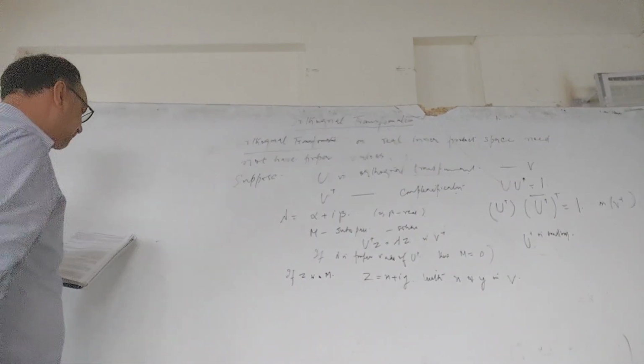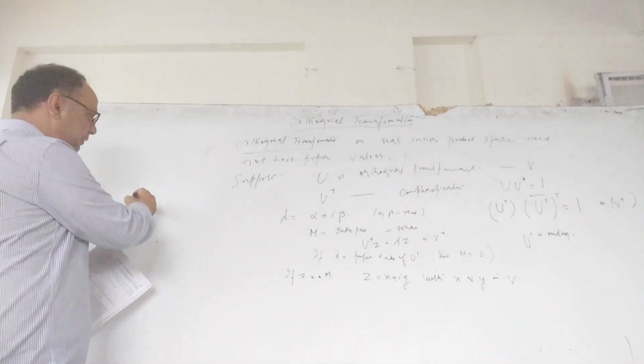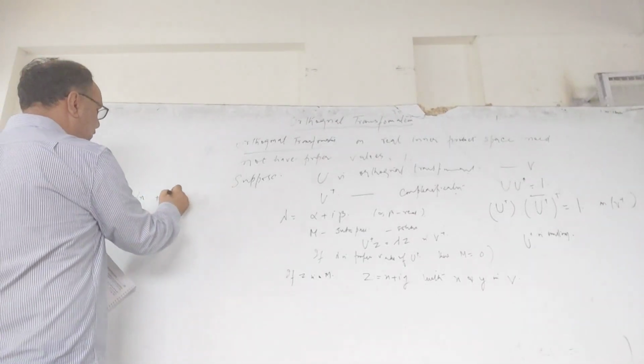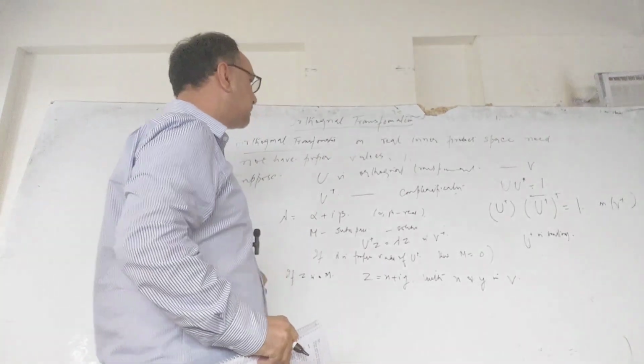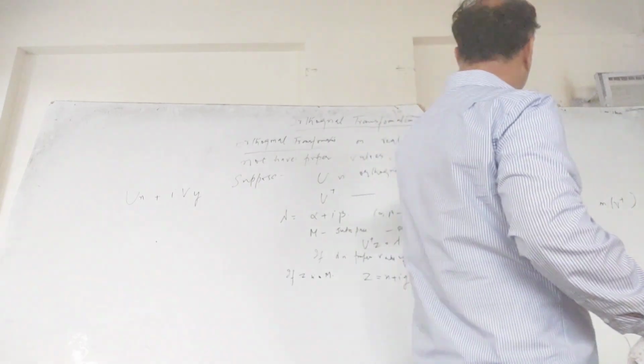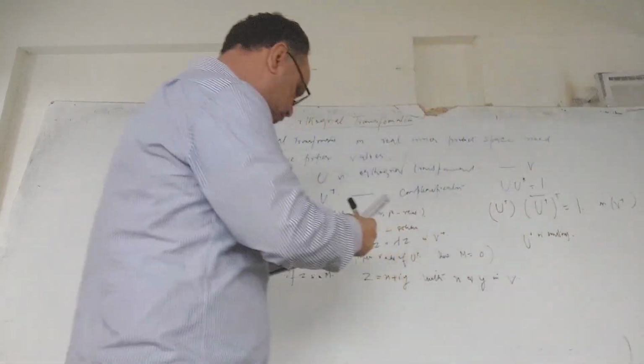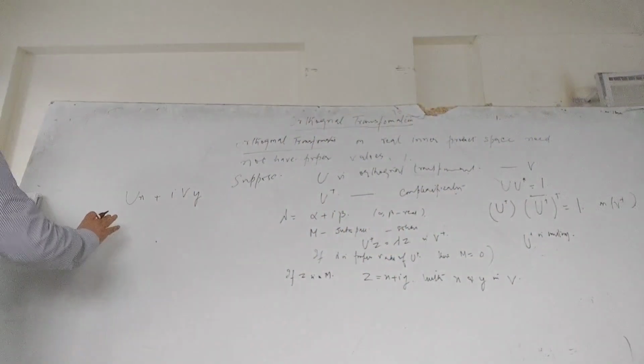How should we define this? U plus acts as Ux plus iota Uy, where U is the orthogonal transformation.